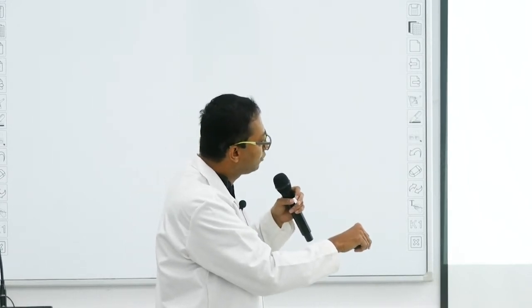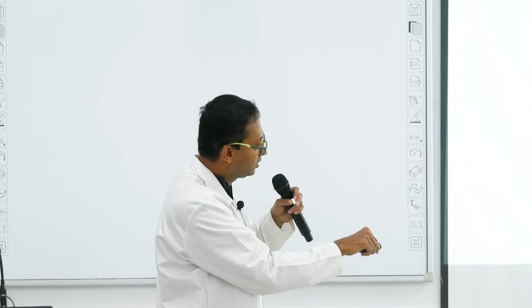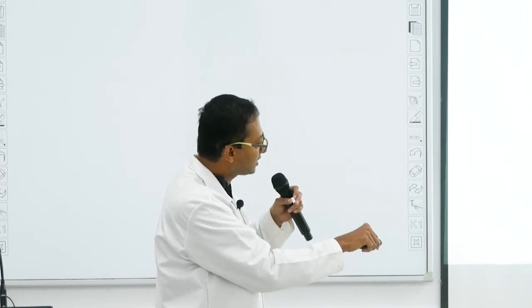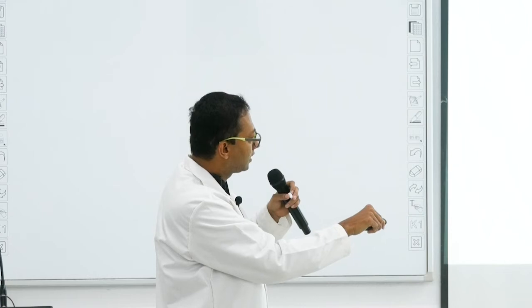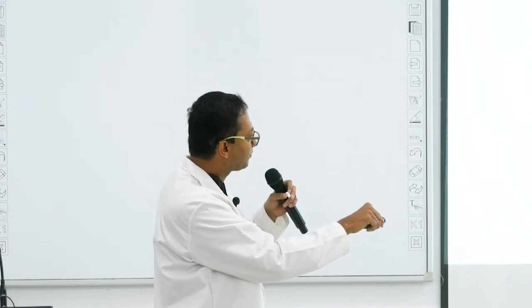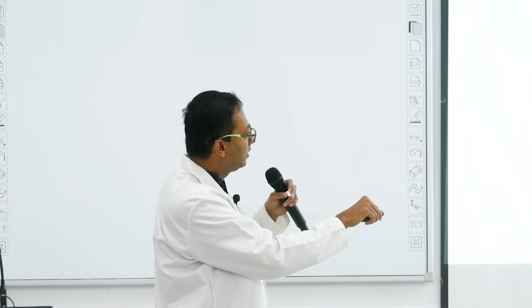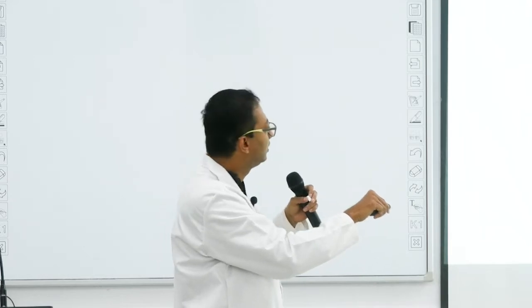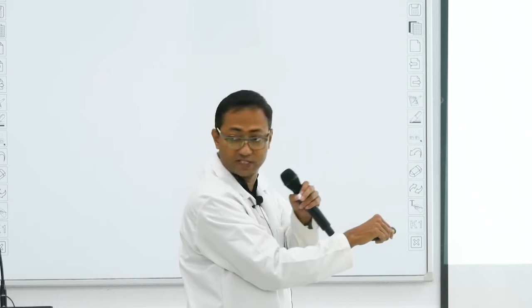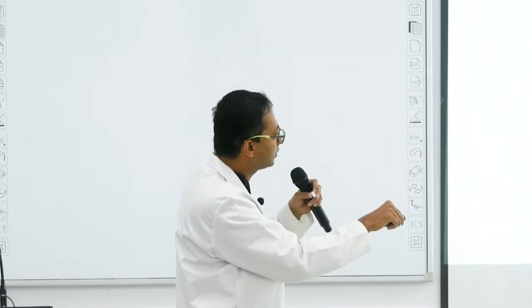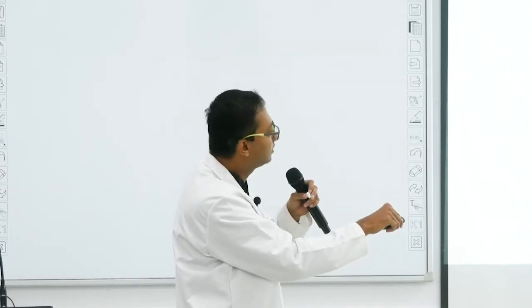Now this first order neuron, once inside this spinal cord, ascends on the same side, right? Now here there is a relay at the level of nucleus gracilis, and it crosses to the opposite side. The second order neuron actually crosses to the opposite side, right?